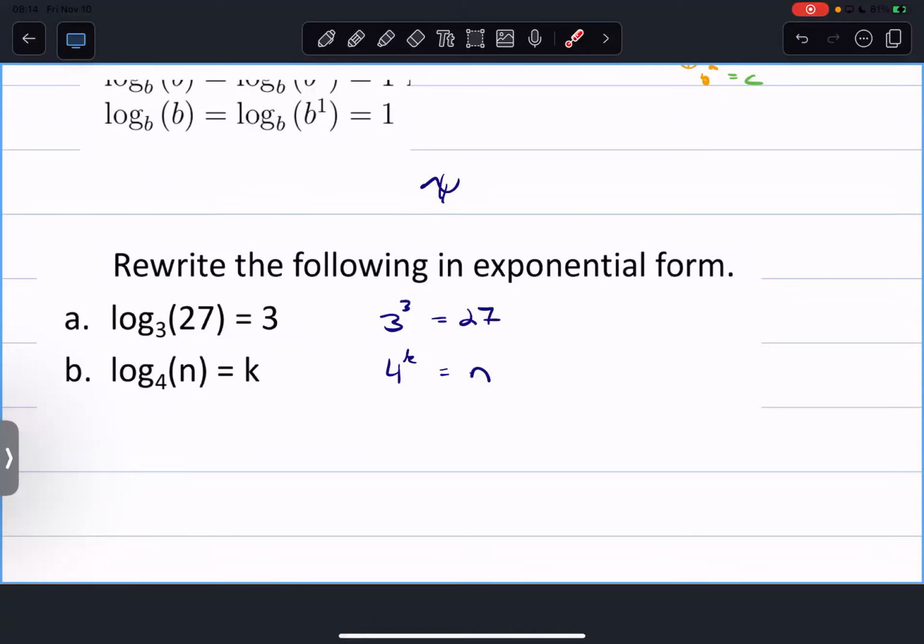So, another example. Solve log base 2 of x is equal to 4 by rewriting it in exponential form. Right?